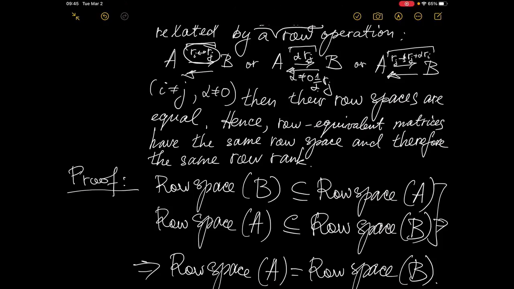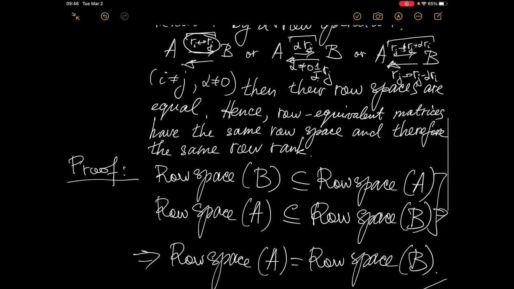If I replace a row by the sum of the same row and a multiple of another row, I can just consider the following, and it will bring my matrix from B back to A, right?